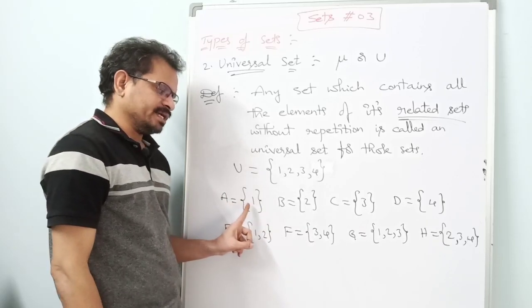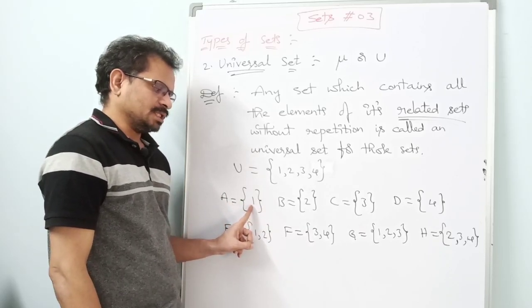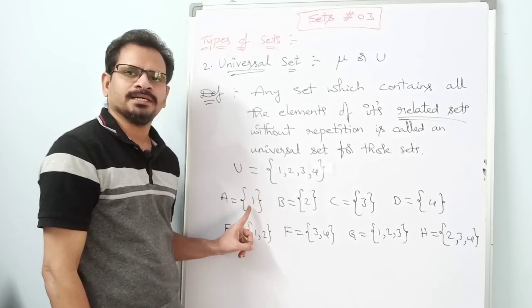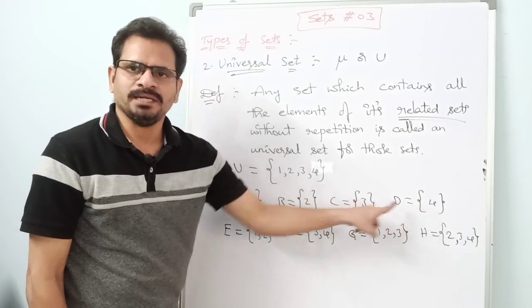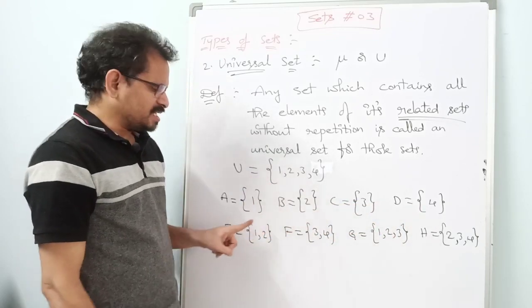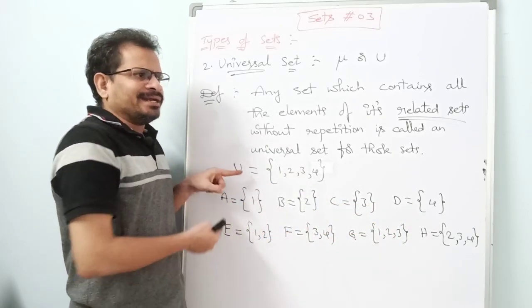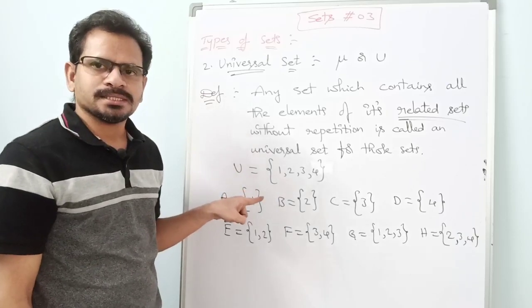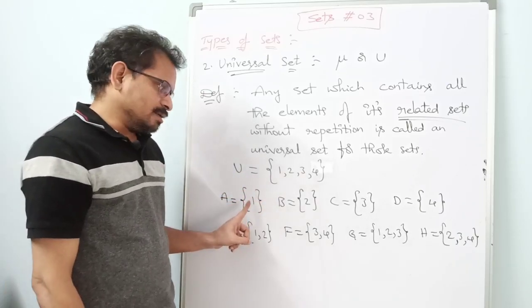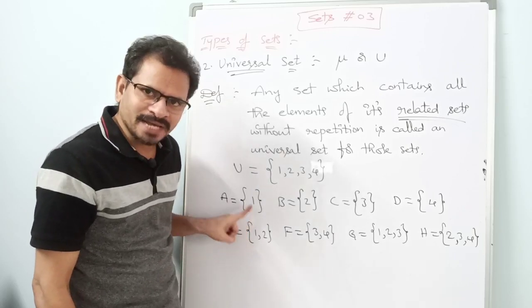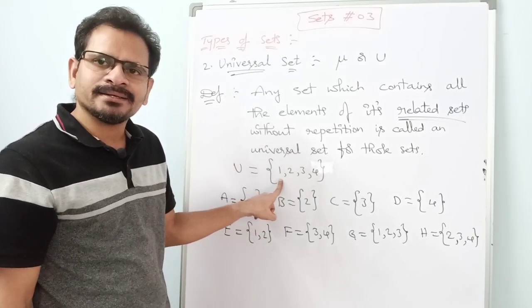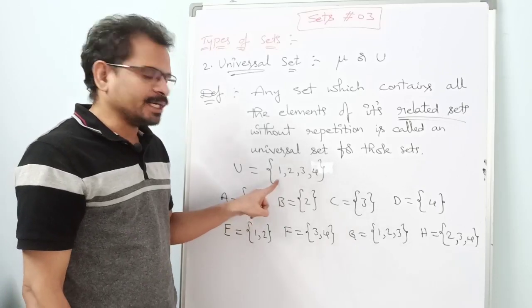Set A has one element, 1. Set B, one element. Set C, one element. Set D, one element. Now tell me, is this A related to set U or not? Yes. Why? Because it is having only one element, which is there in U. So this is related to this one.